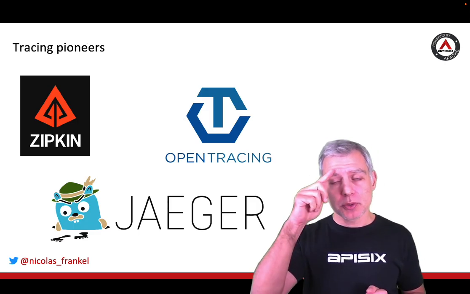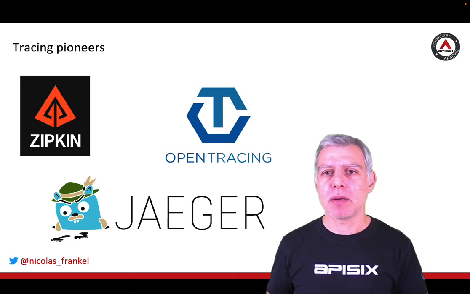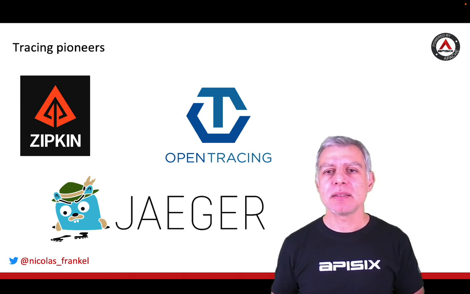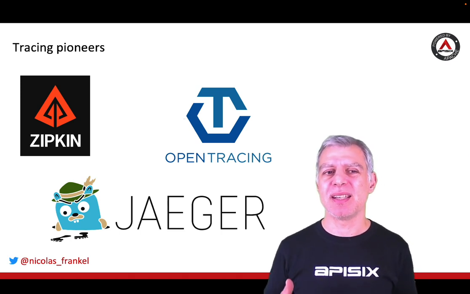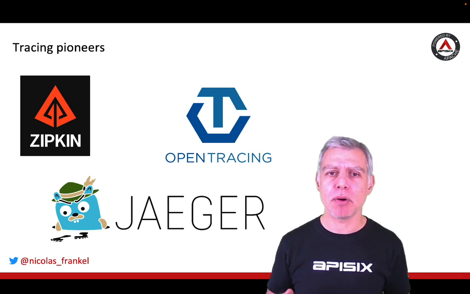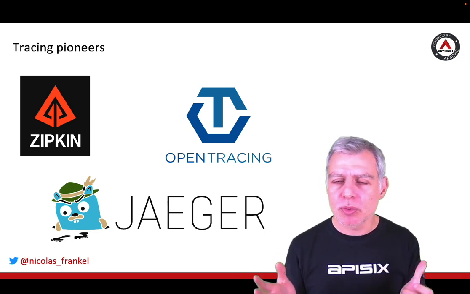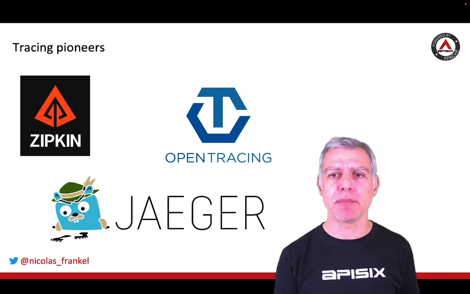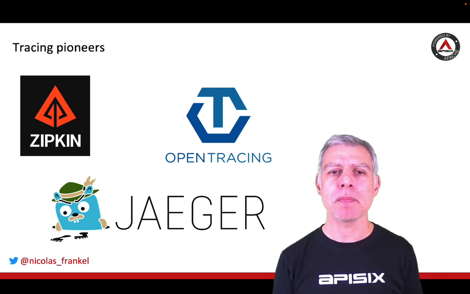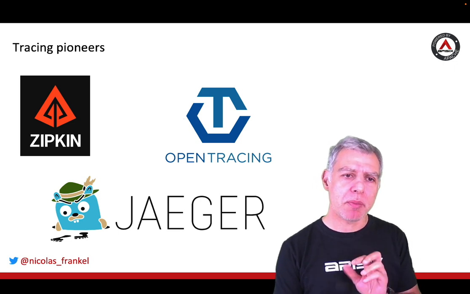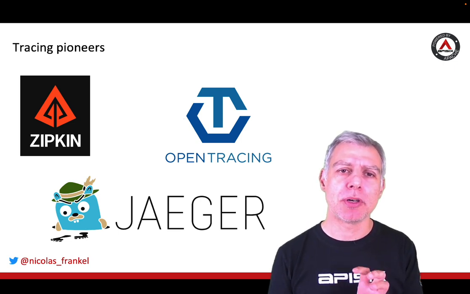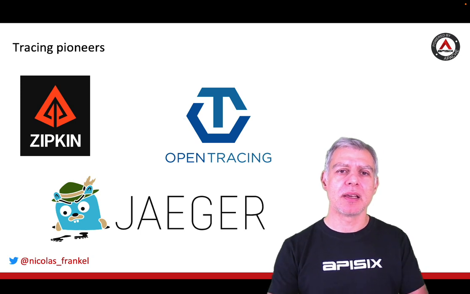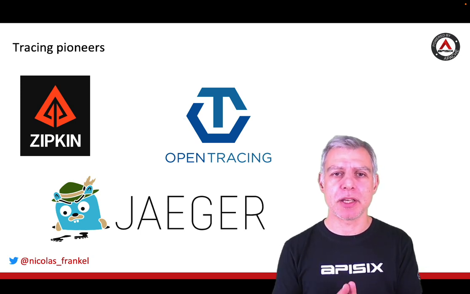I believe you probably are aware of some of the tracing pioneers existing already. So there is Zipkin, Jaeger, OpenTracing. Those are the three most widespread and famous. Every one of them had proprietary interfaces and implementation.